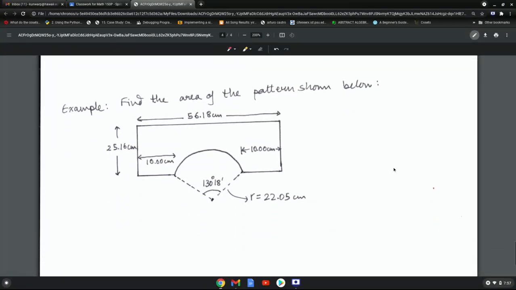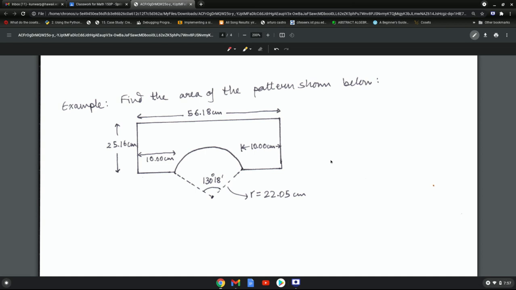Okay, let's look at an example. There is a pattern shown here. We have to find the area of this pattern. Now, first of all, whenever you see an irregular shape, the goal would be to try and break it down into regular shapes. So this is going to be the area of the rectangle minus the area of the segment.